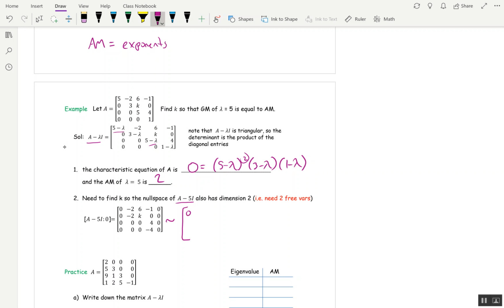I'm going to leave the top row alone, and then I will multiply the top row by negative 1 and add it to the second row to kill that 2. So that'll give me K minus 6, positive 1, and then 0. And then I'll leave the next row alone. And then I'll use the third row to completely obliterate the fourth row.